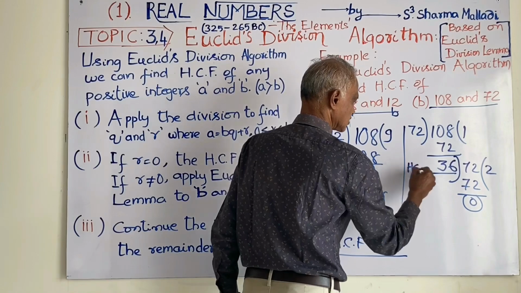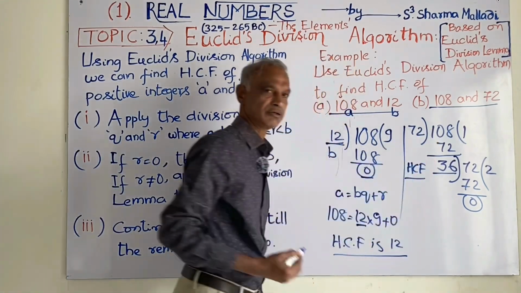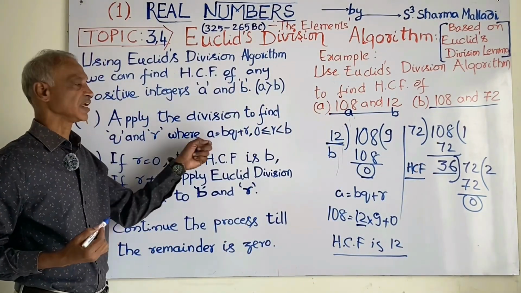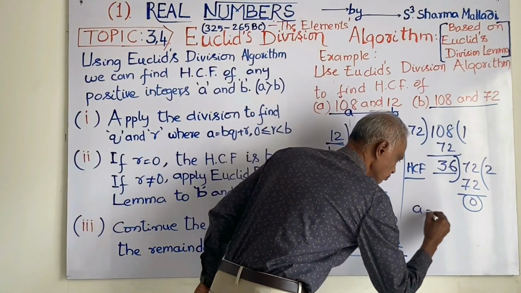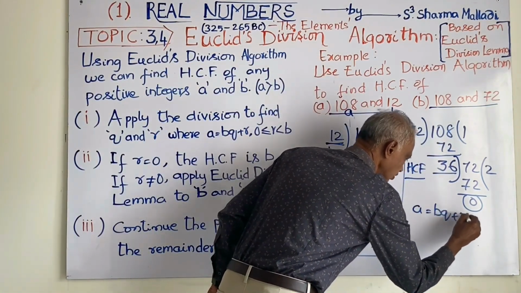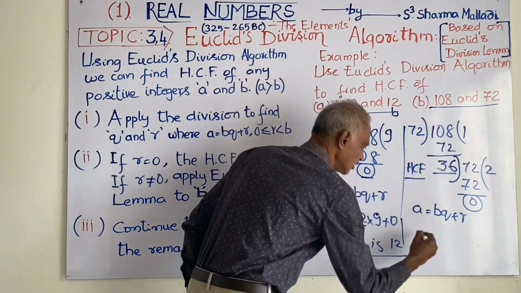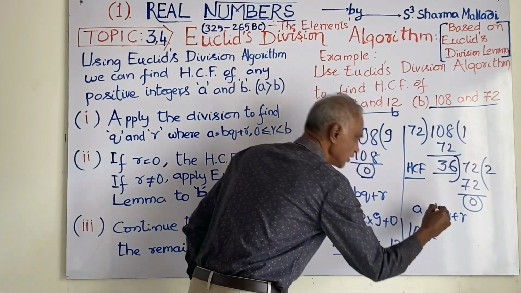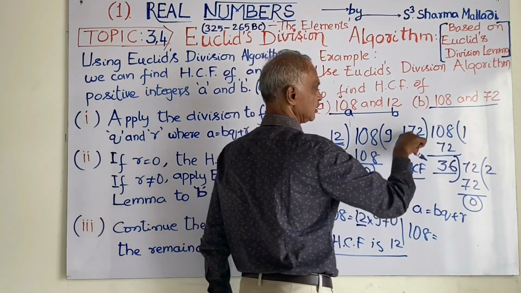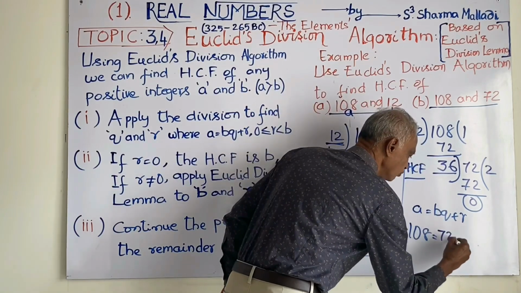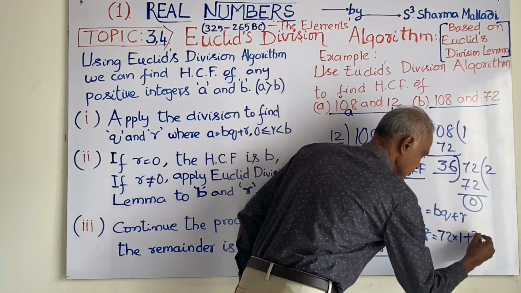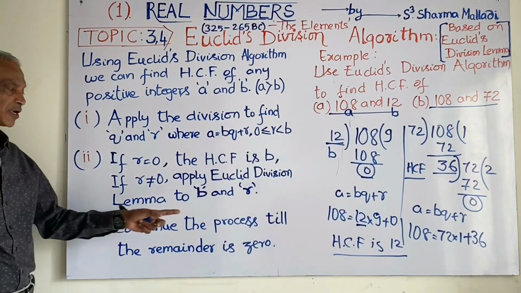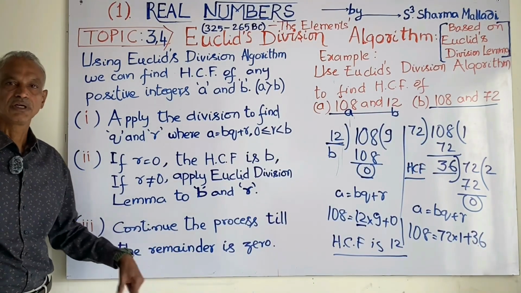You have to write it in the form A is equal to BQ plus R. What is A here? 108 is A. B is 72, Q is 1, plus the remainder, 36.